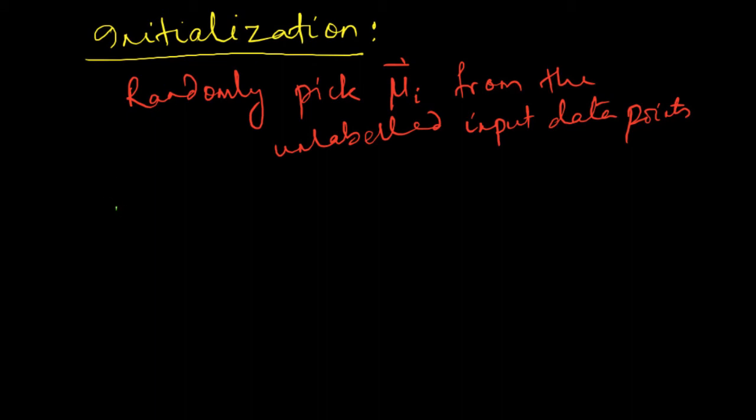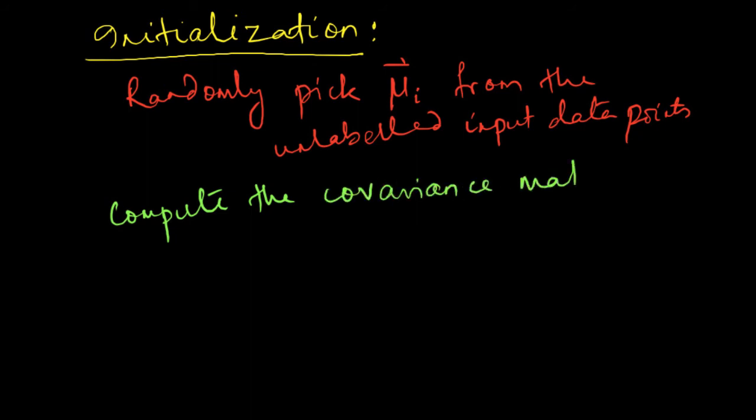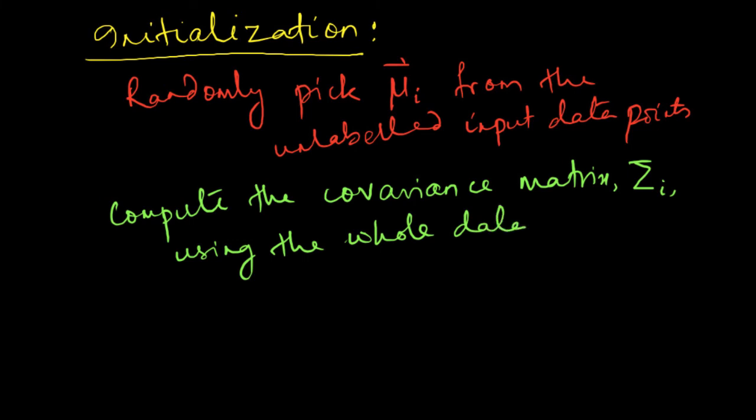So compute the covariance matrix sigma I using the whole data set for each mu I.